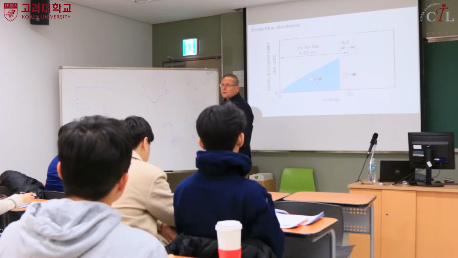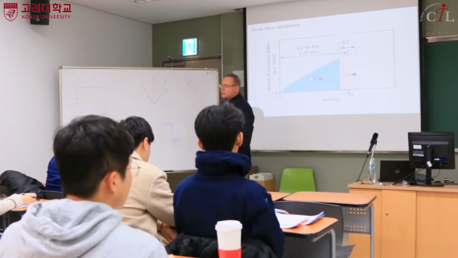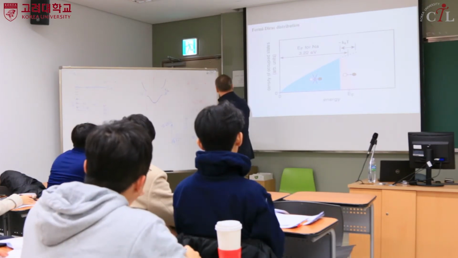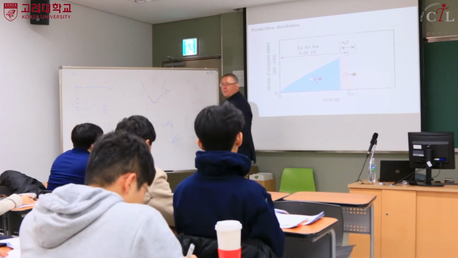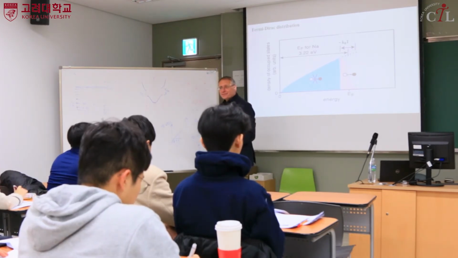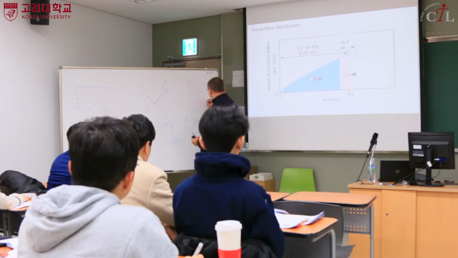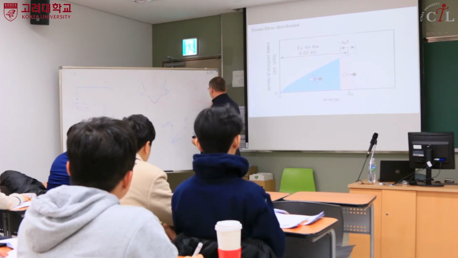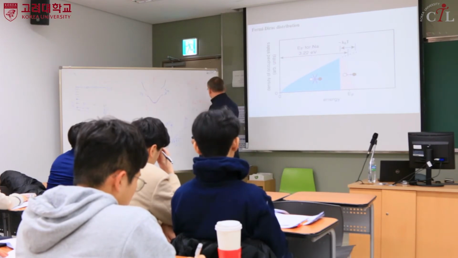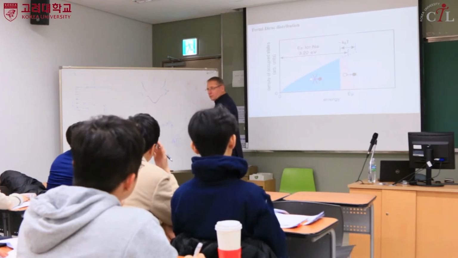What is the average kinetic energy of an electron at room temperature? Do you recall how big that is? Anybody? Yeah. 0.025 eV, I would say. It's even low. It's actually very low.